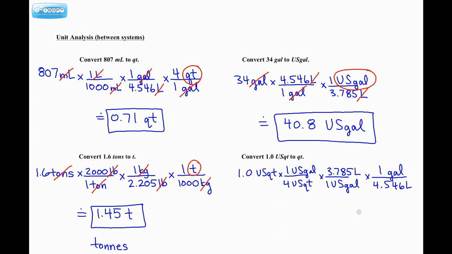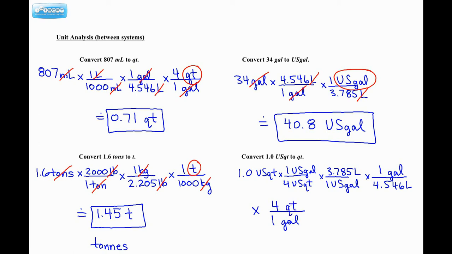Just running out of space here. I'm just going to continue down here. There's one more multiplication step that I have to do, and that is to go from gallons to quarts. So remember, these gallons are on top. They need to cancel. So that means that gallon has to go there, which puts my 4 quarts on top.